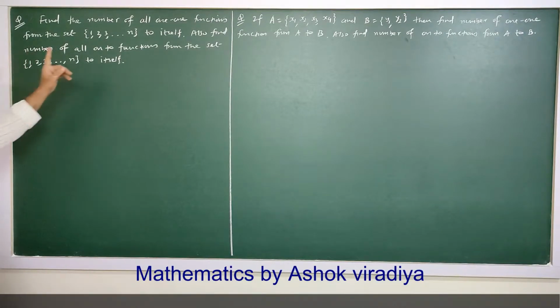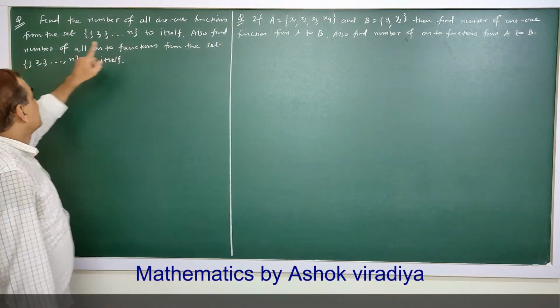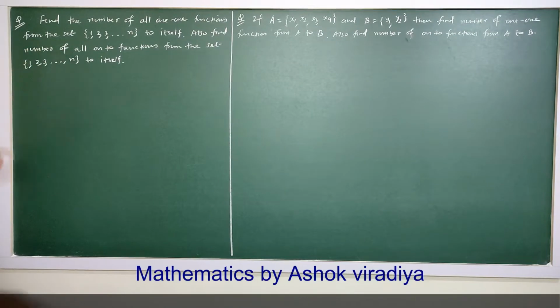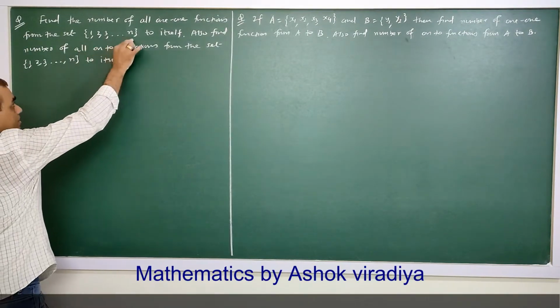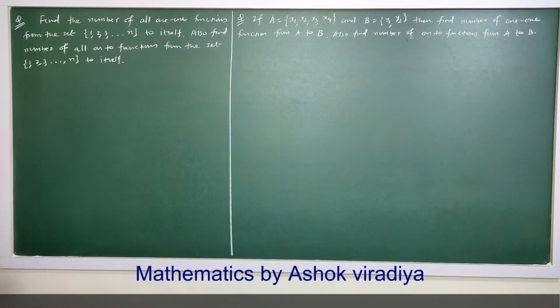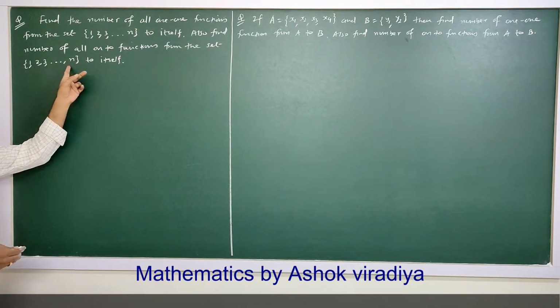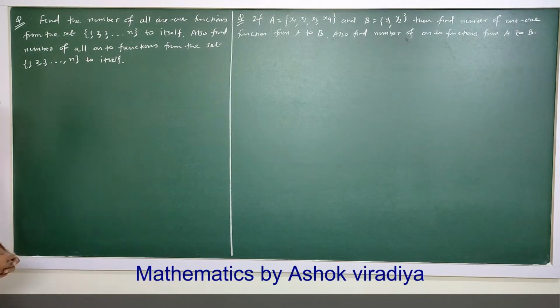Find the number of all 1-1 functions from the set containing n natural numbers to itself. Also find the number of all onto functions from the set containing n natural numbers to itself.